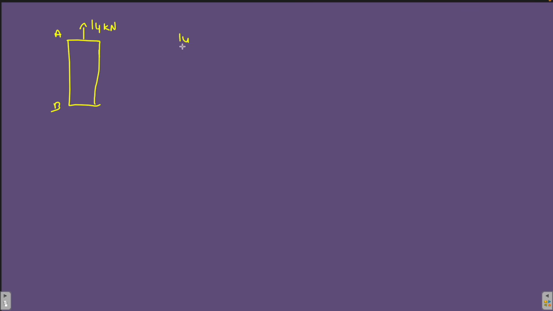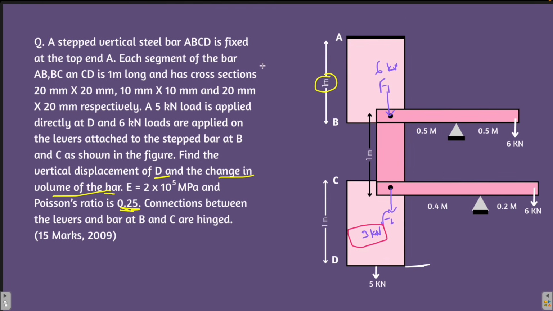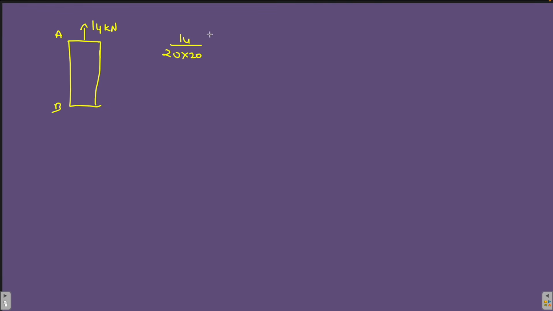So 14 divided by 20 into 20, which was the cross-sectional area of rod AB. So it is 14 kilonewton by 20 millimeter square.